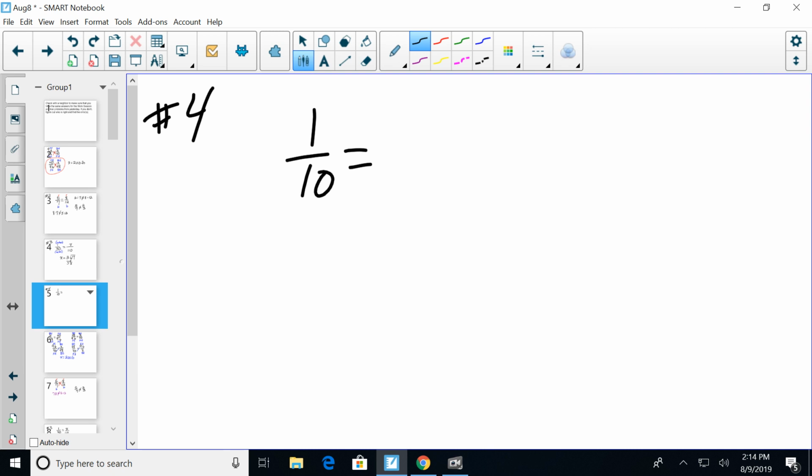Which antique car? The model. 1 represents the model. And 10 represents the actual. So then what represents the model for the second part?